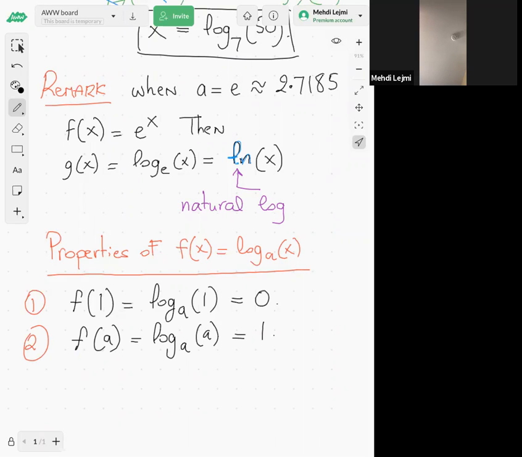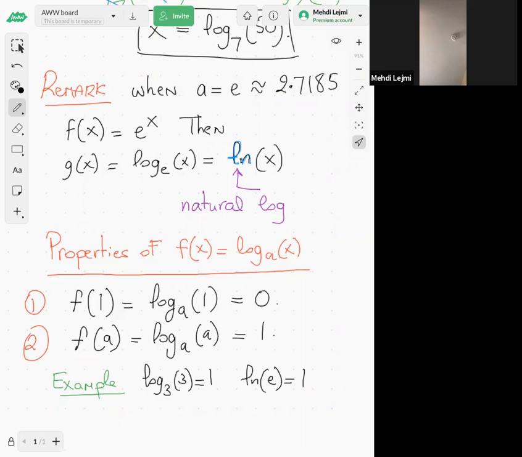For example, log in base 3 of 3 is equal to 1, or natural log of e is equal to 1. Natural log is the log in base e, right? So log in base a of a is equal to 1. That's because, again, you can just solve the equation as we did in the previous exercise, and you will get 1.